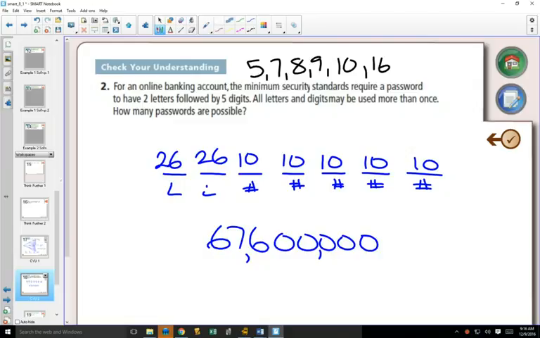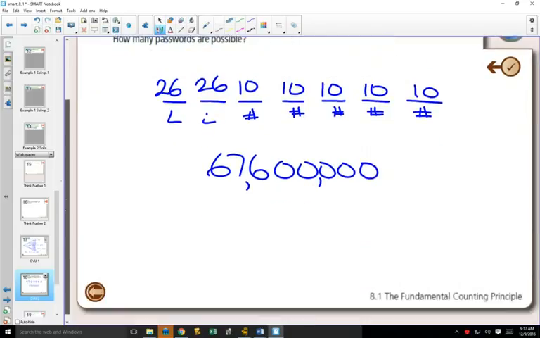They're all different. So you'll get questions like license plates. Why does Ontario have different license plates than Manitoba? There's more people. They ran out. How are Manitoba's license plates? 3 letters, 3 numbers.